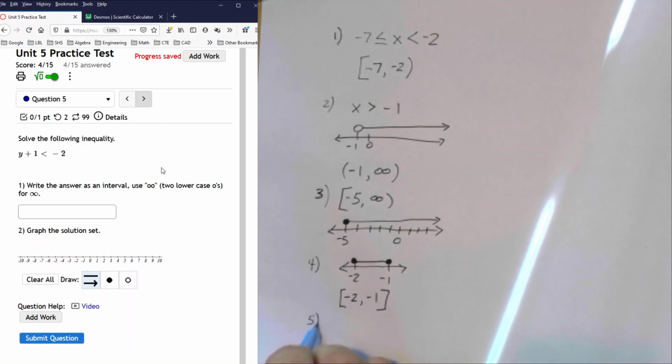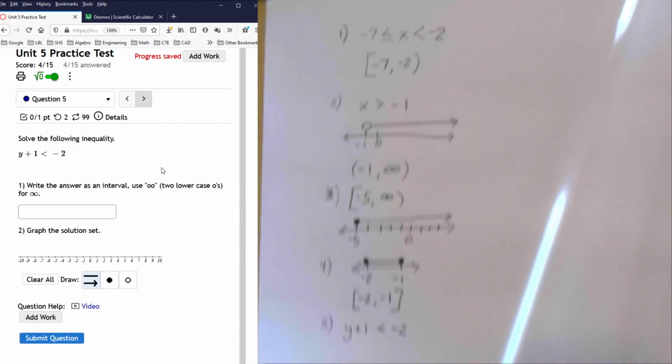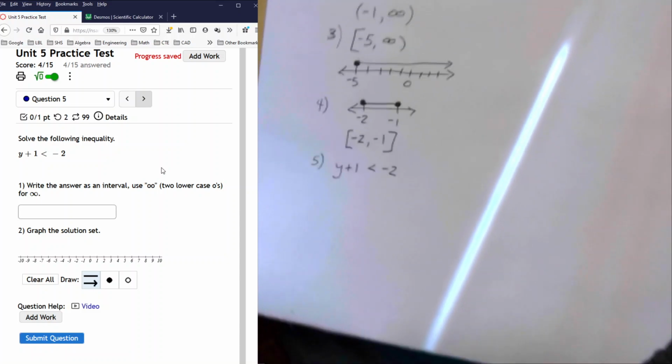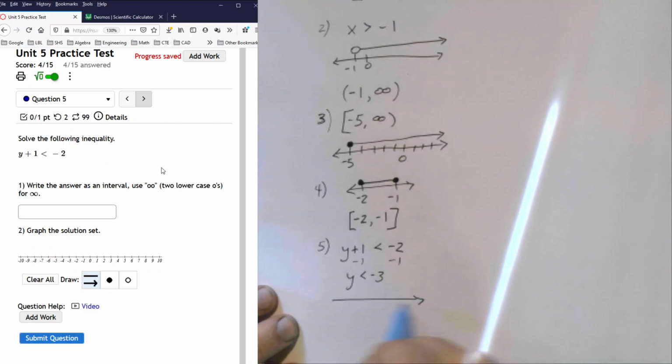Question 5. So here they give us this inequality, y plus 1 is less than -2, and they ask us to solve that. So we'll just subtract 1 from both sides, and so we get y is less than -3. So on that number line again, here's -3.